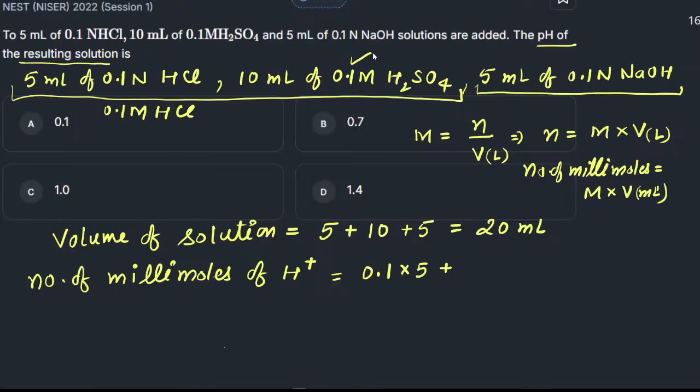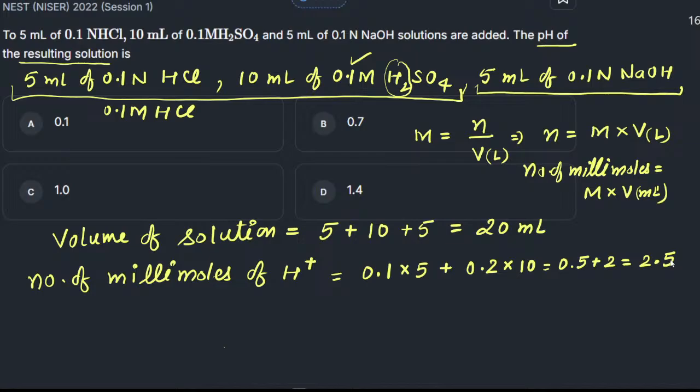But you know, the molarity of H plus ion in H2SO4 is 0.2 into 10. So it becomes 0.5 plus 2, that means 2.5.